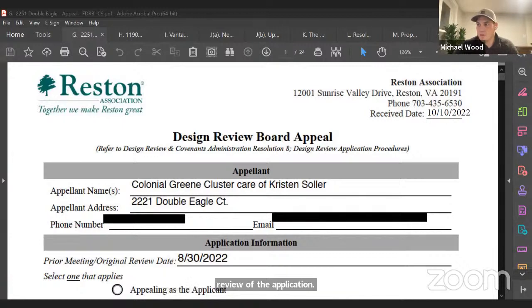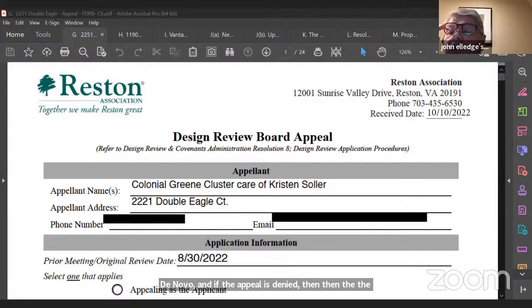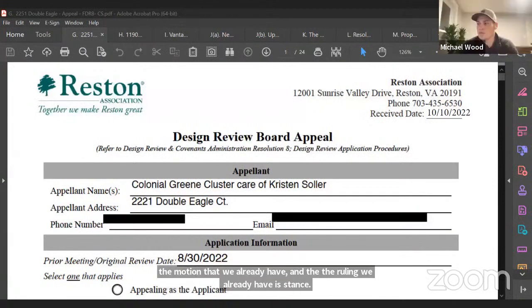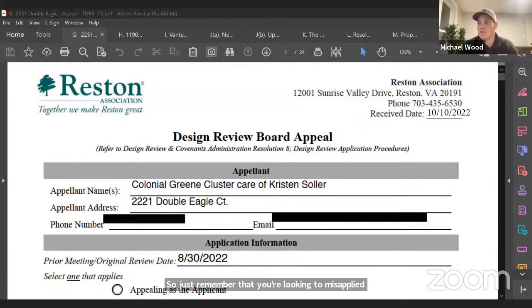The appellant needs to prove one of those two things, and then us as a board will vote on it as accepting the appeal or denying the appeal. If it's accepted, then we will hear the case de novo. And if the appeal is denied, then the motion that we already have and the ruling we already have stands. So just remember that you're looking to a misapplied guideline or providing new information.